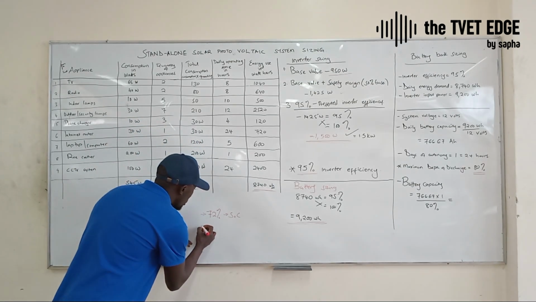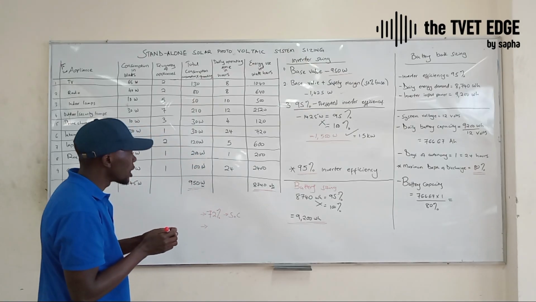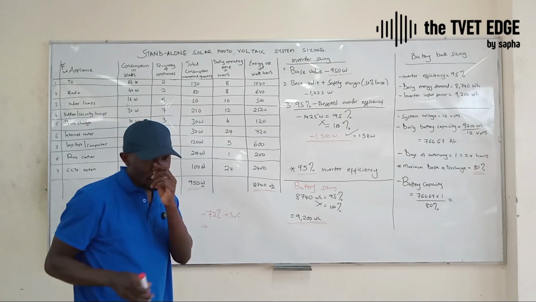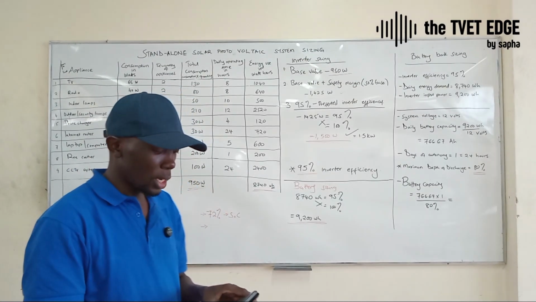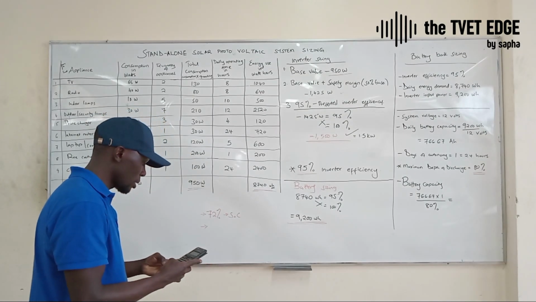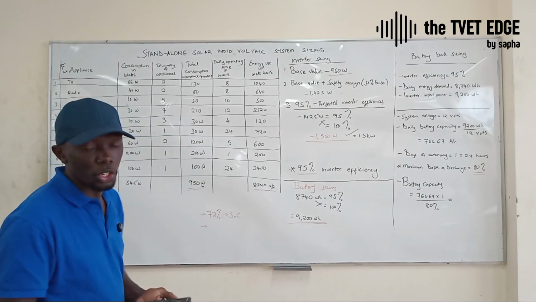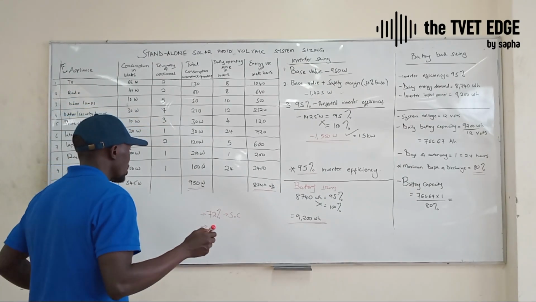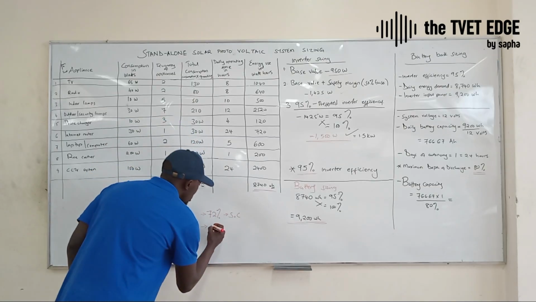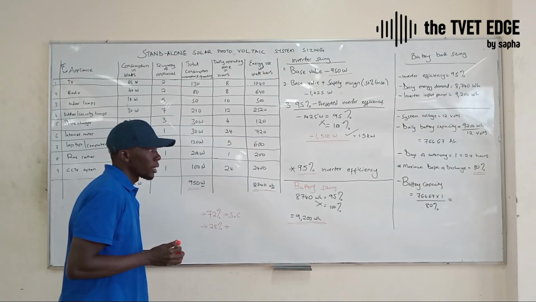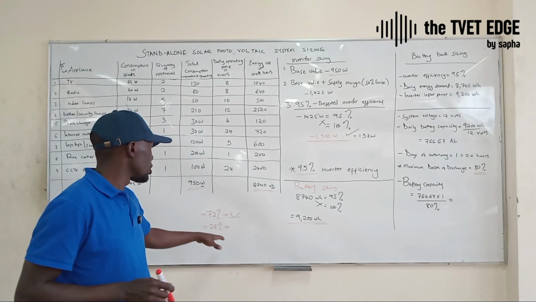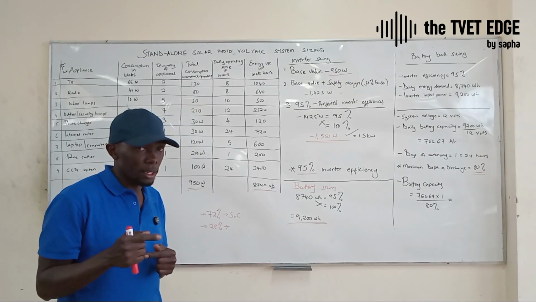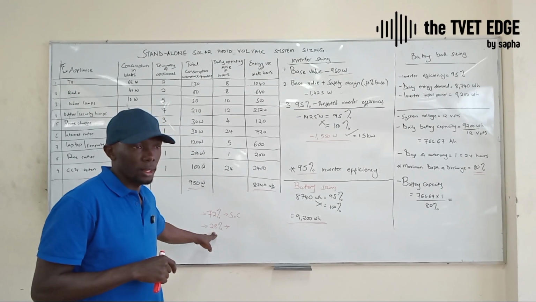Now, the depth of discharge that has occurred in that battery, you take 100% minus 72, you get 28. So technically, your battery has been discharged by 28%. That is not its maximum depth of discharge. It's only that it has been discharged by 28%.